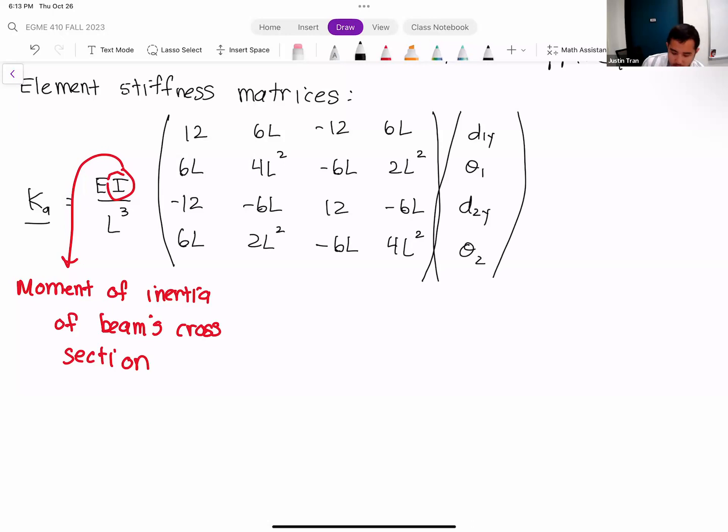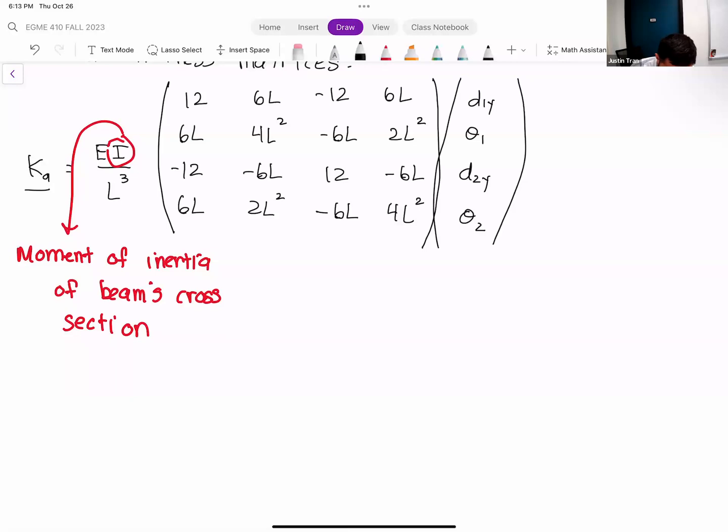All right, and so since element A is connected to nodes 1 and 2, we're going to have a D1Y, theta 1, D2Y, theta 2. And so for element B here, we're just going to write the exact same thing, except with different nodes. I'm just going to do that one really quick.